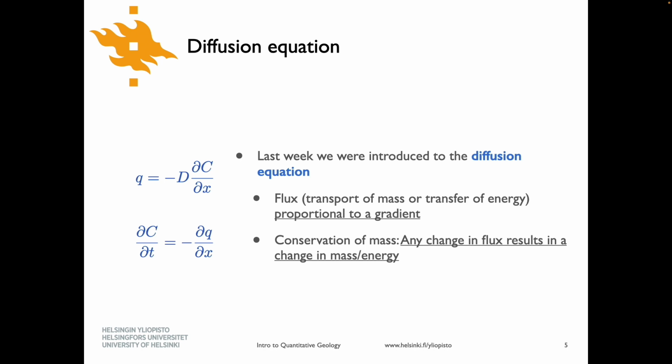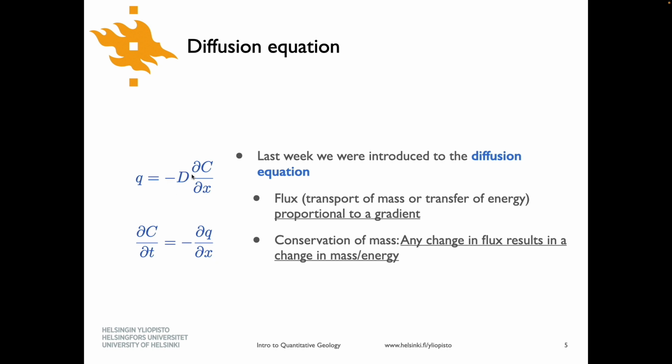Last week, we saw the diffusion equation, which, as you might remember, basically comprised two parts. The first was this idea that some flux Q is proportional to a gradient, for instance, in concentration. So this would be C, which we were using as our generic letter to represent a concentration. dC/dx would be the gradient in space in the concentration.